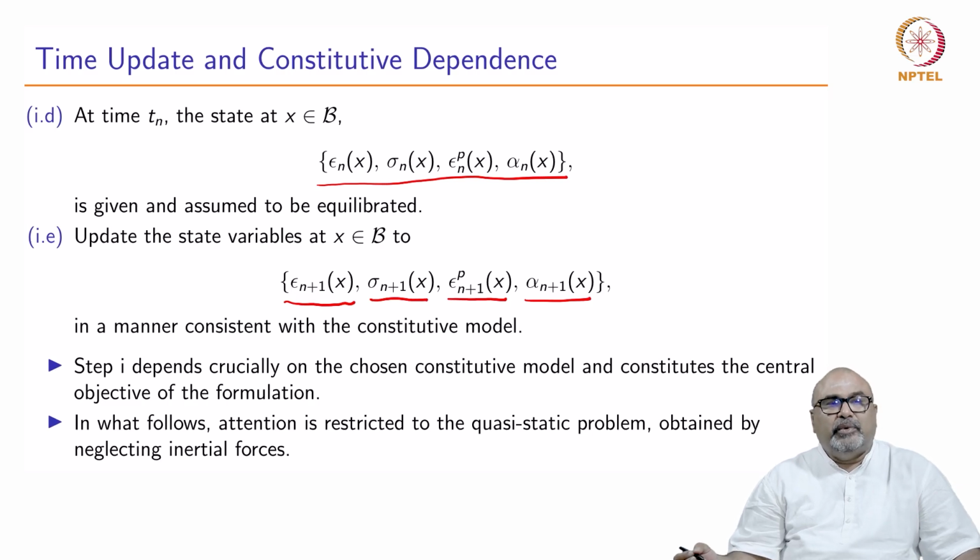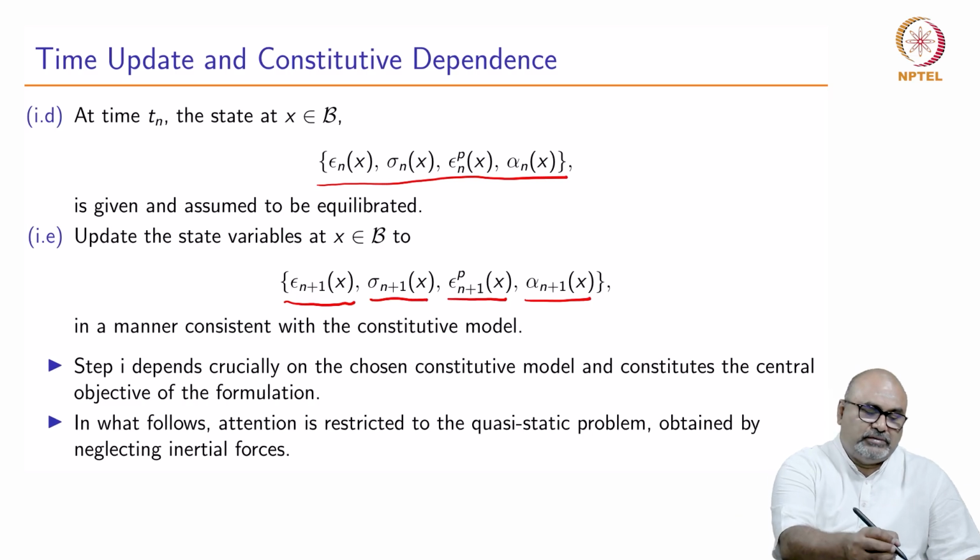So, step I depends crucially on the chosen constitutive model and constitutes the central objective of the formulation. In what follows, the attention is restricted to a quasi-static problem obtained by neglecting inertia forces.